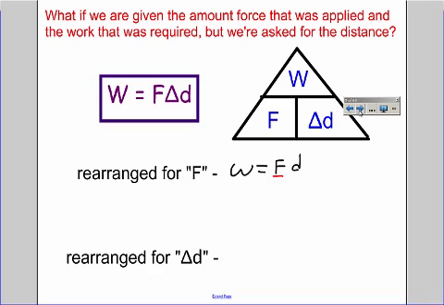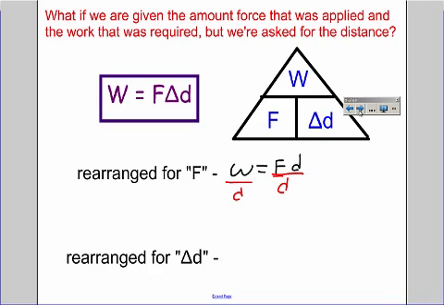Right now it's being multiplied. We're going to use opposite operations. The opposite of multiplying is dividing. So we're going to divide this portion, or this part of the formula, by D. What we do to one side, we must do to the other, okay, to make sure that everything stays balanced.